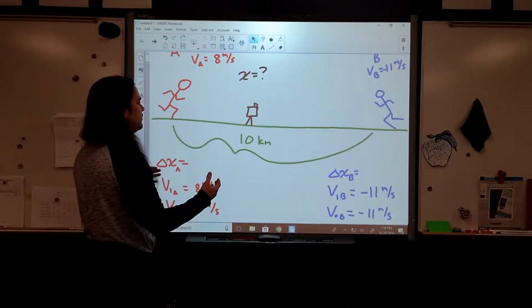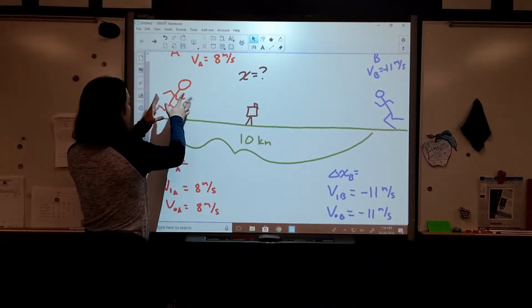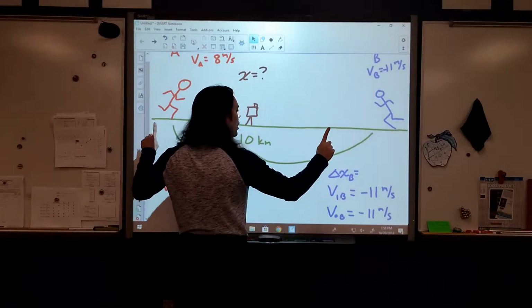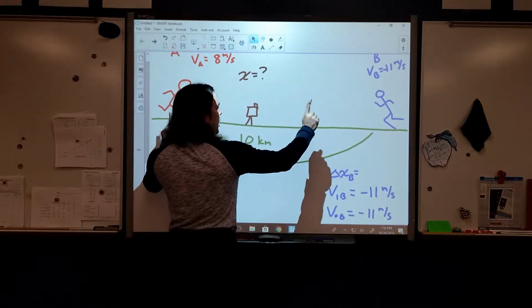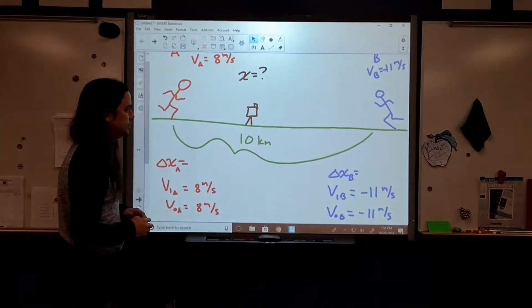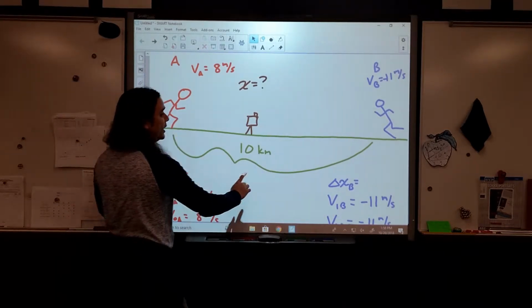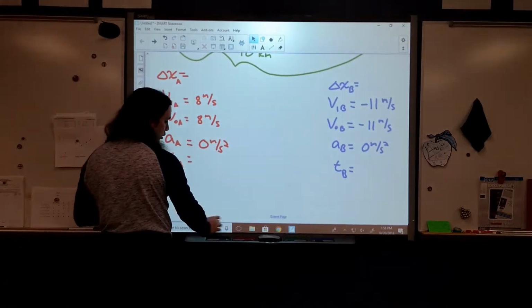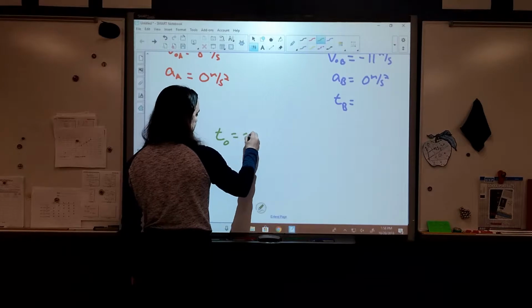What's governing this problem is the fact that we have 2 different objects that are interacting. It doesn't really matter what A is doing by itself or B is doing by itself without looking at how they interact with one another, because we're looking for a point where they both meet a set of conditions. Now, we're going to say that time starts at time equals 0, and we're looking for some time later where they meet. So we'll say that our initial time is equal to 0 seconds.